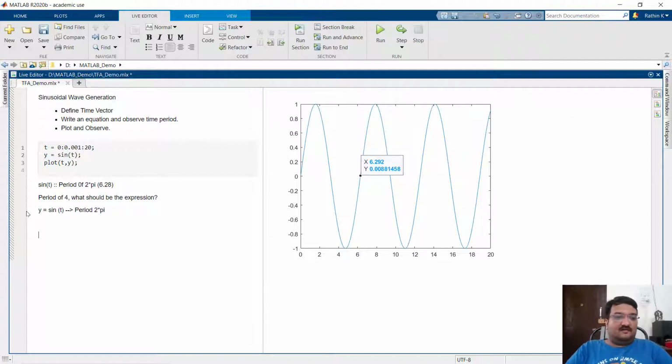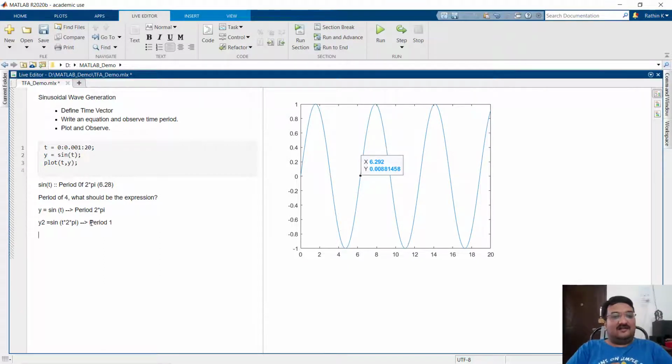Now I am changing the signal: y2 is sine of t, keeping it as it is, just multiplying by 2 pi. What it does is multiply your x-axis, which was moving from 0 to 2 pi for one iteration. So instead of 0 to 2 pi, it will get all the values between 0 and 1. A little difficult to understand, but once you understand, you can clearly see why this period is now not 2 pi but 1.